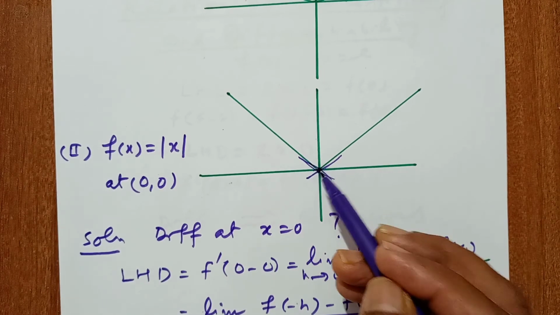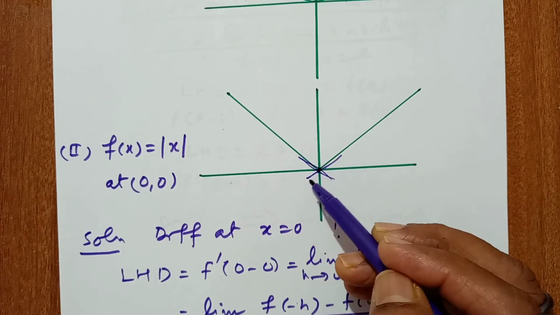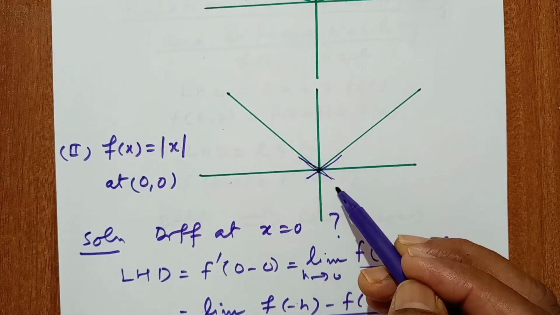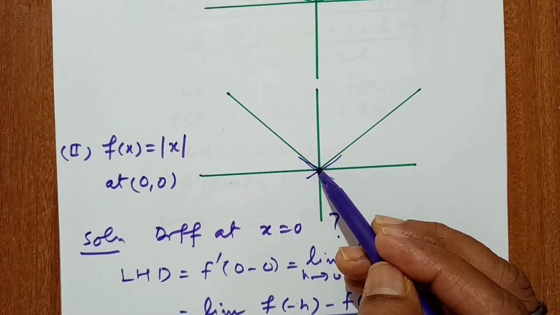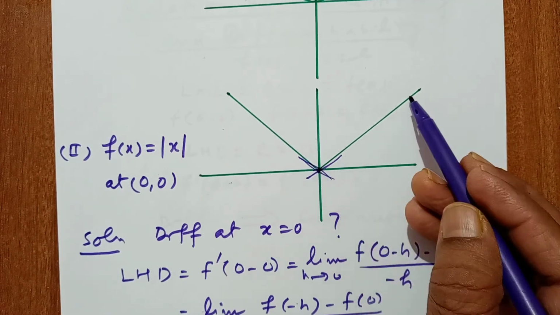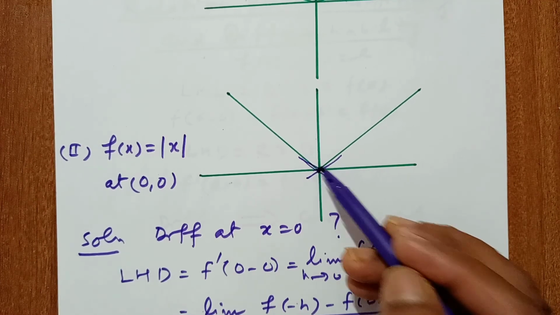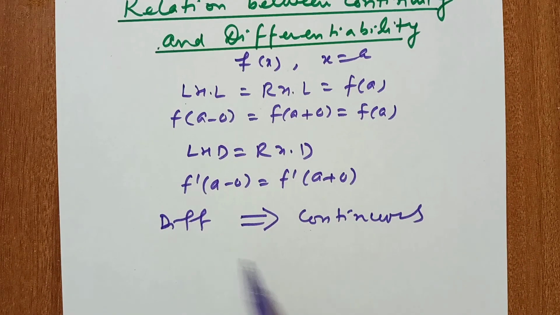But here one tangent goes to this side and the other goes to this side. Therefore, this is not differentiable. It means at a corner, a function is not differentiable but continuous. So this is the main difference between continuity and differentiability.